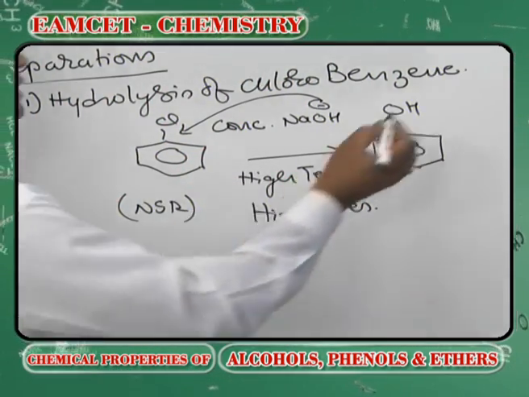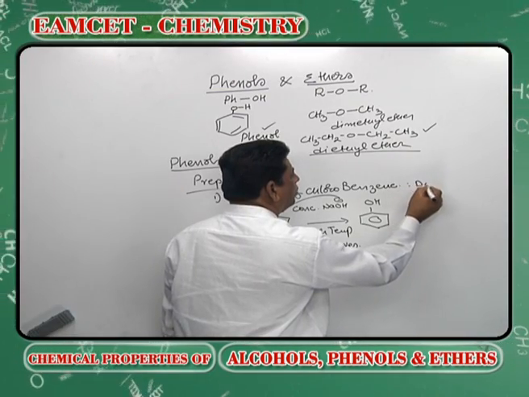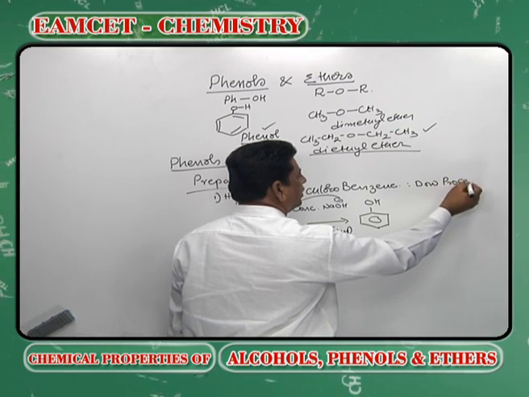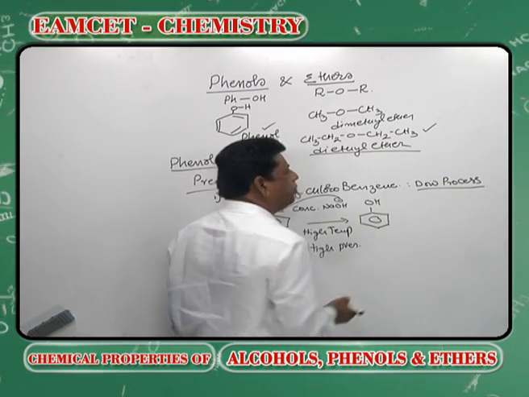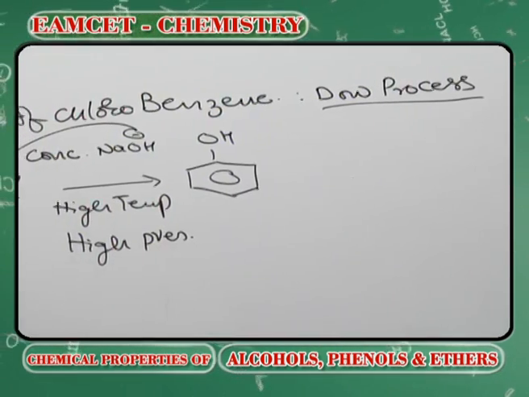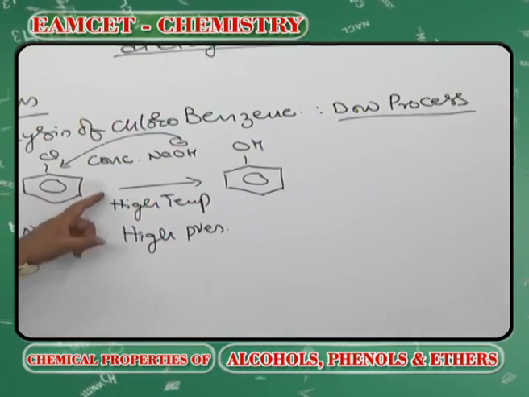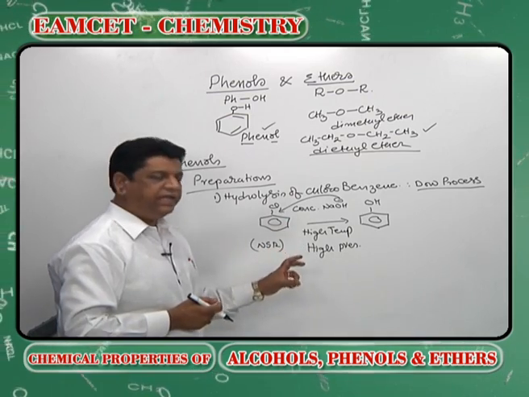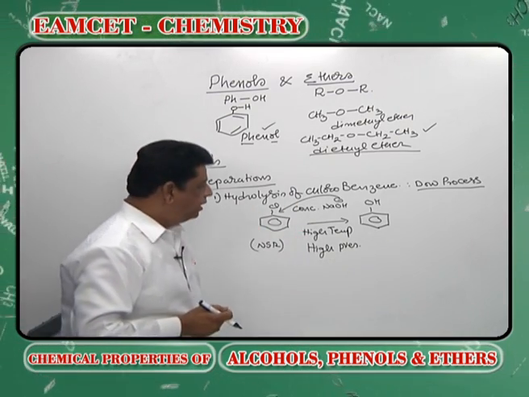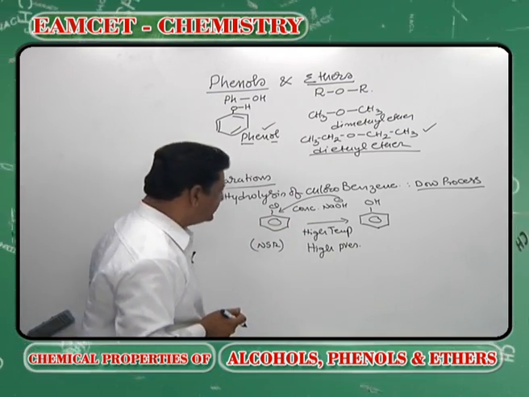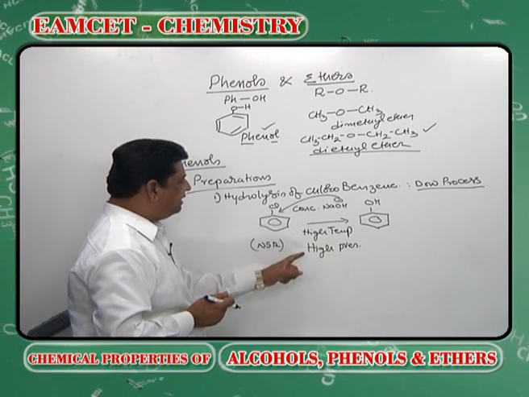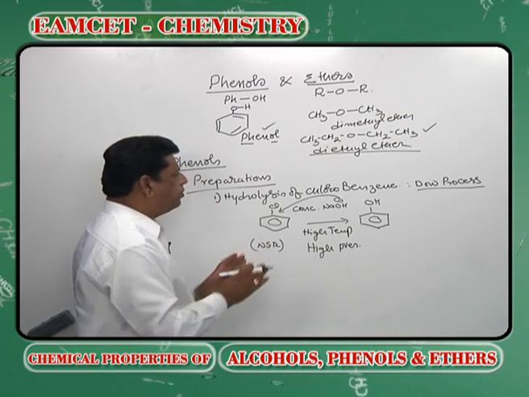The process is commonly known as the Dow process. It is actually plural, Dow processes, because the temperature and the pressure can be altered, so slight variations containing different methods are possible. All together we call them Dow processes. But the specific method at around 350 degrees and 150 atmospheric pressure is the Dow process, a single method.